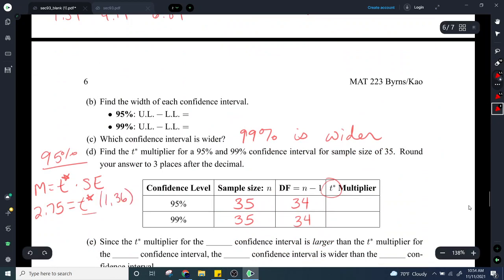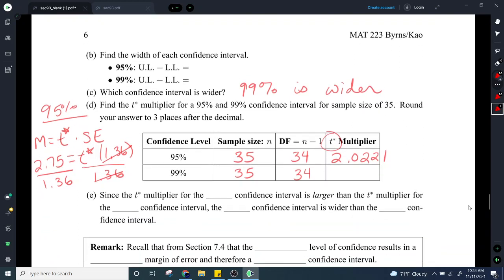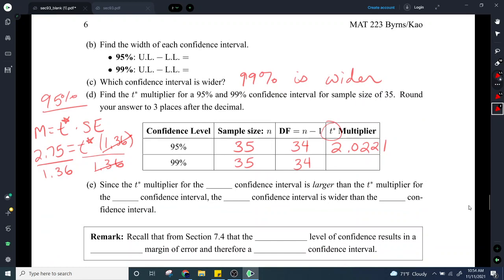To solve for t star, I'm going to divide both sides by 1.36. So 2.75 divided by 1.36 gives a t star value of about 2.0221. Let's do the same thing for the 99% interval.